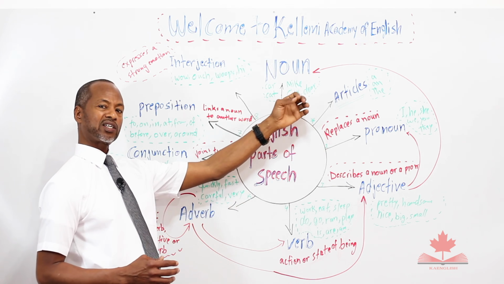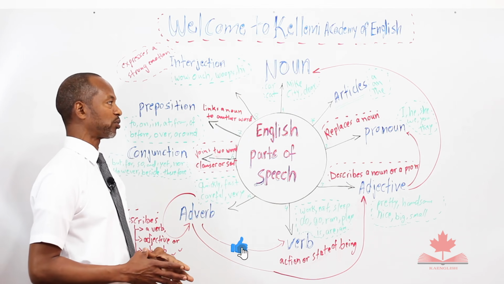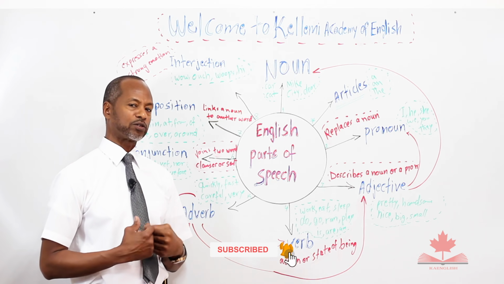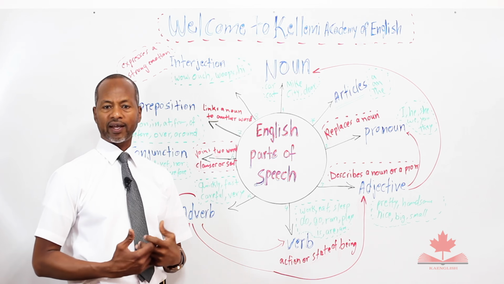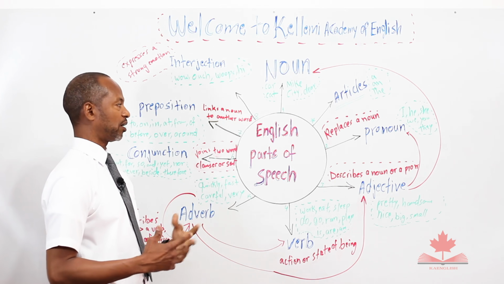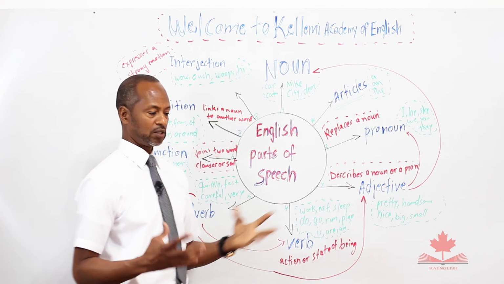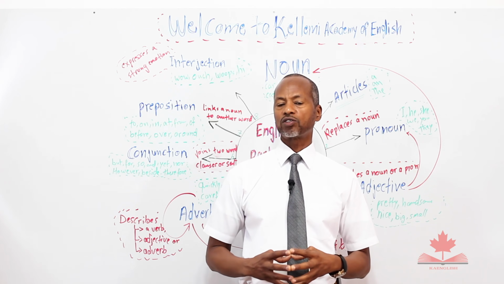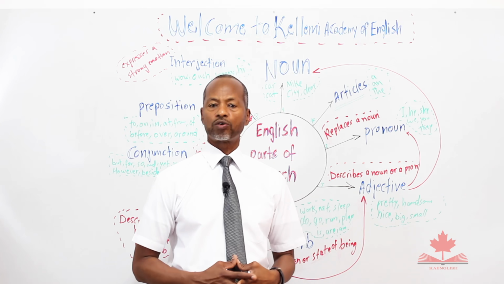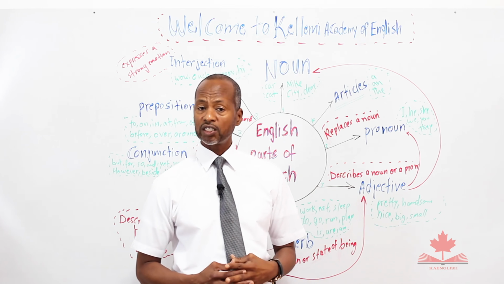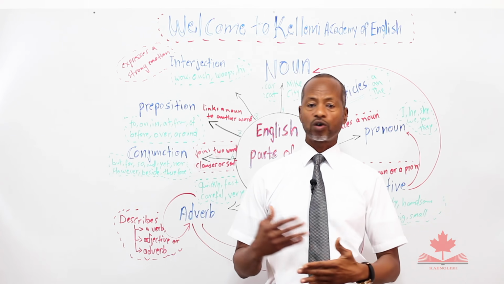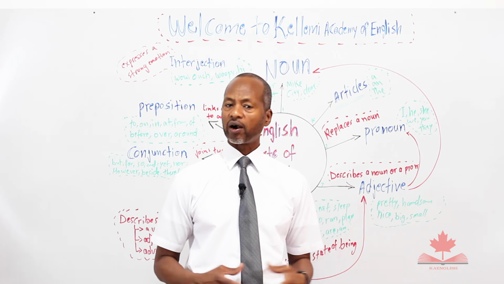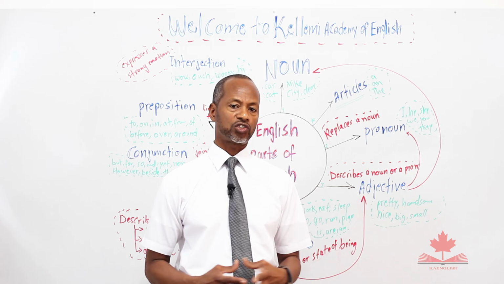Of course, I add articles as an extra because it's very important, and if you learn parts of speech, you must add that because it's a very important part of speech for a language learner. If you want to learn as a beginner, or if you want to improve your English in any form, writing or reading or conversation or anything, you have to know all these parts. It's very important, very essential.